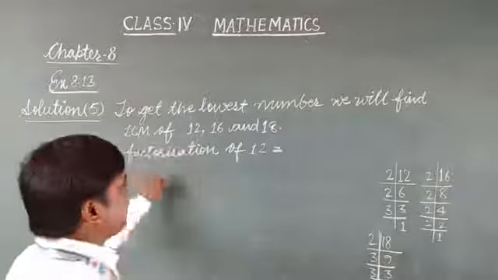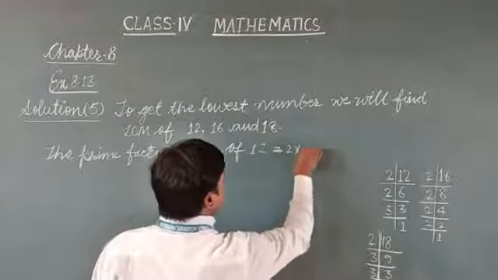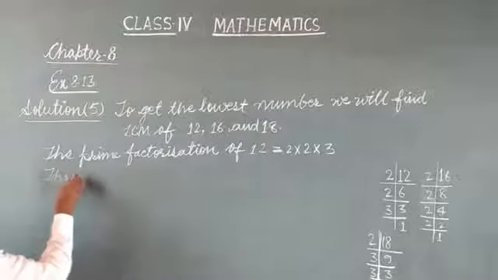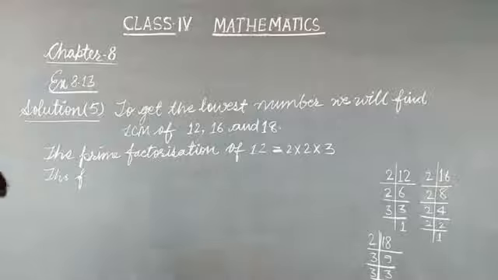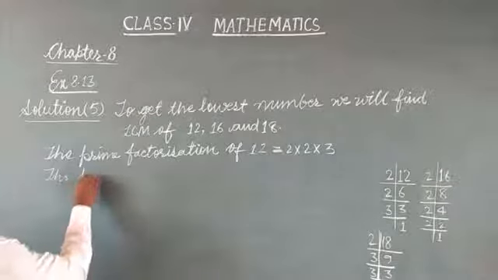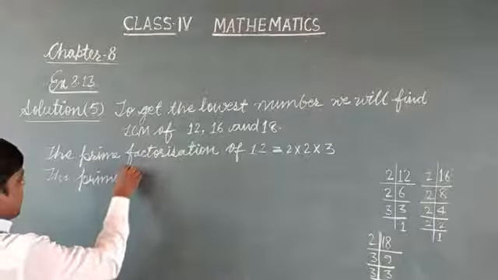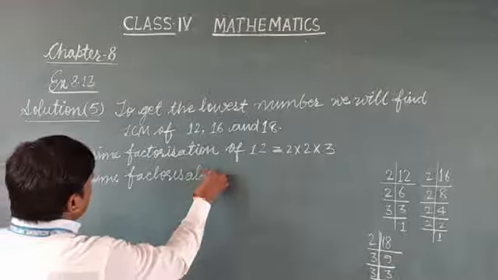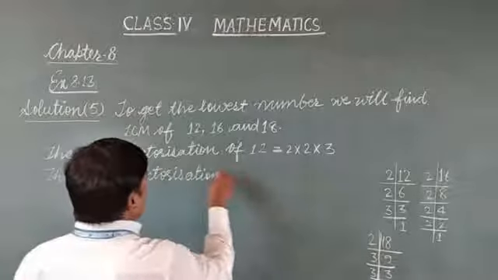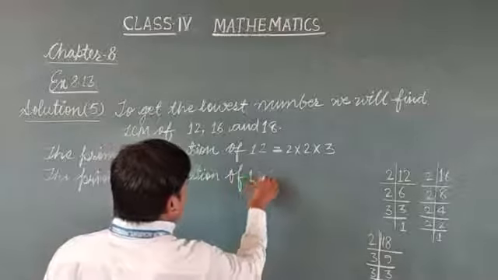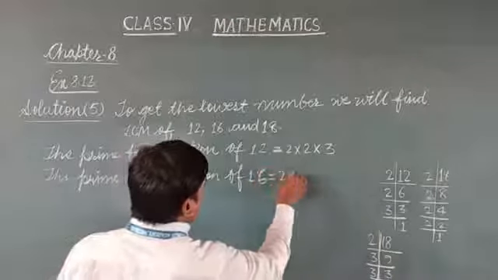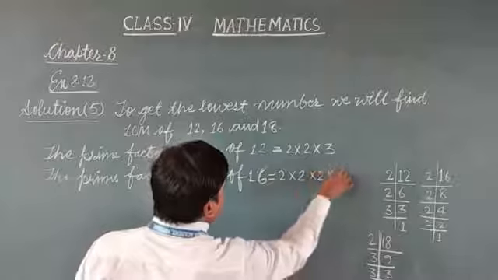So we write the prime factorization of 12 is equal to 2 into 2 into 3. The prime factorization of 16 is equal to 2 into 2 into 2 into 2.